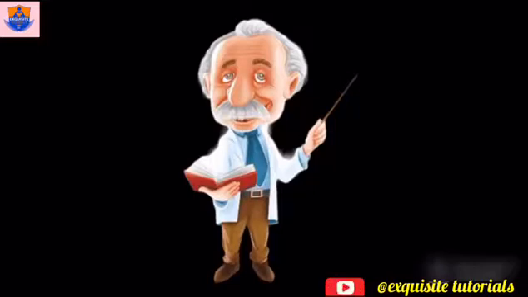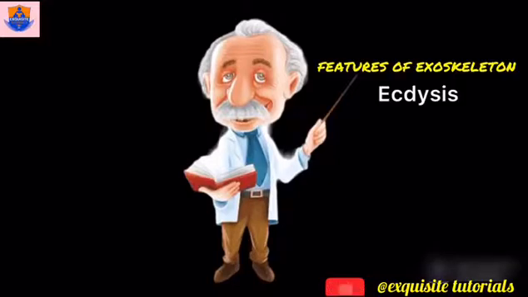A unique feature of the exoskeleton is that during growth of animals possessing it, there is shedding of the exoskeleton. This shedding is caused by a process called ecdysis, or molting.